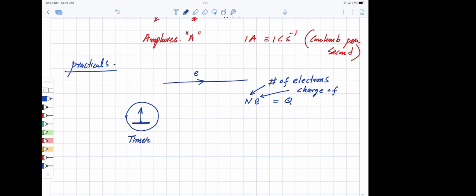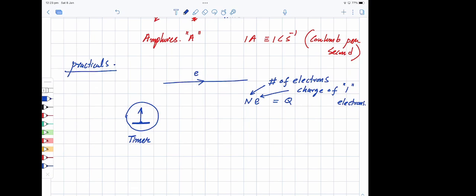If you do chemistry, you know electrons and protons. Electrons are negatively charged. So charge Q is equal to N E.